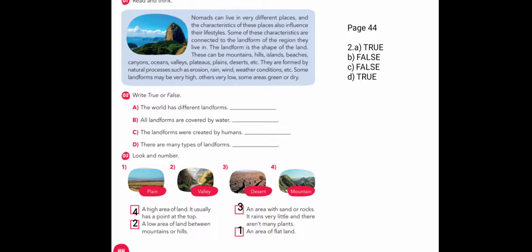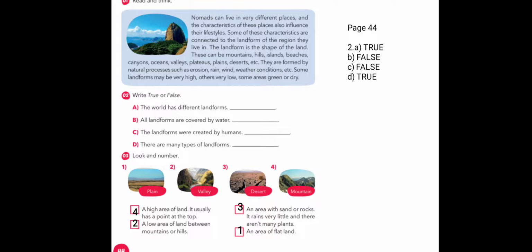An area with sand and rock. It rains very little and there aren't many plants. Uma área com areia e pedras que chove muito pouco e não tem muitas plantas. Desert. An area of flat land. Uma área de terras planas, né? Plain. Okay?